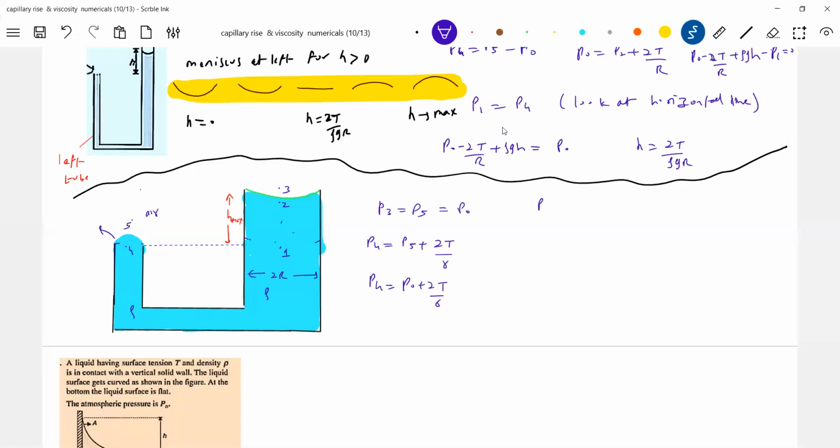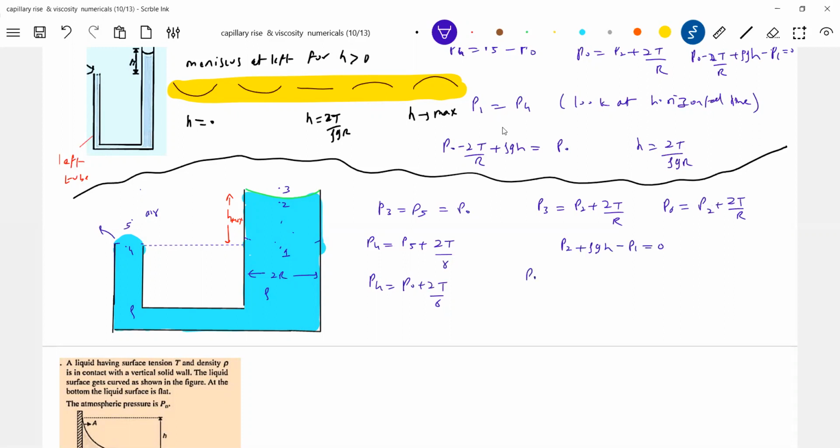Let's get into this one. P3 equals P2 plus 2T by capital R. P3 is P naught. Further, P2 plus rho g h minus P1 equals 0.